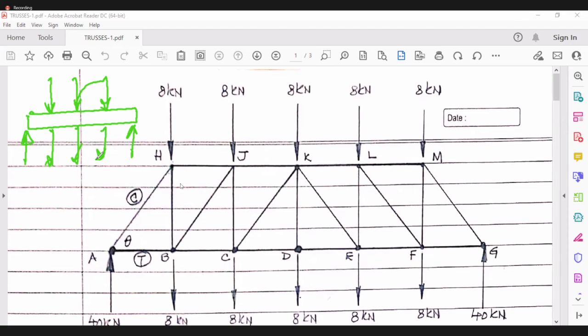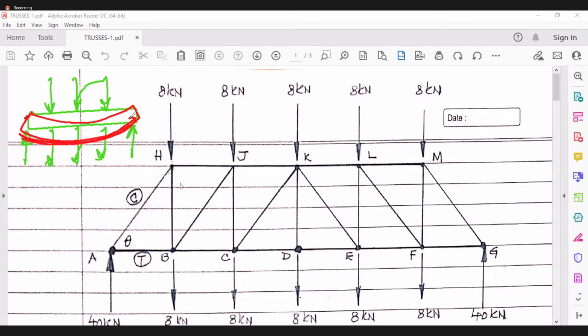Then what will happen? It will try to bend like this. So this is a concave part.